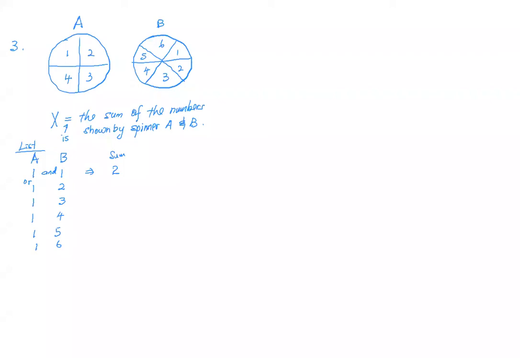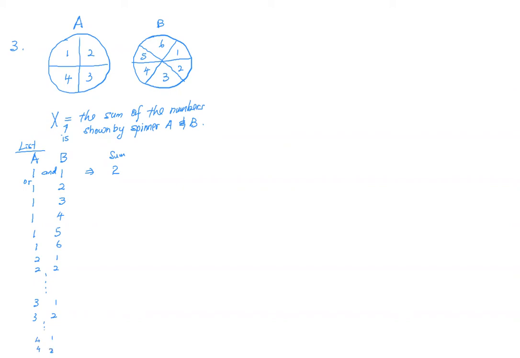So how many outcomes are there? If it is 2, it can be 2,1, 2,2, and many more. It can also be 3,1, 3,2, and many more. Also, it can be 4,1, 4,2, and many more.